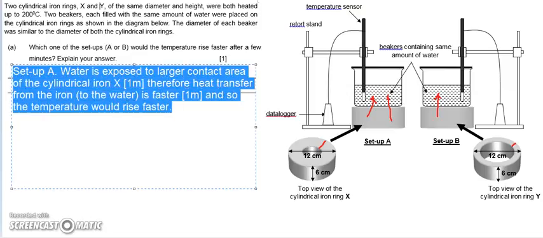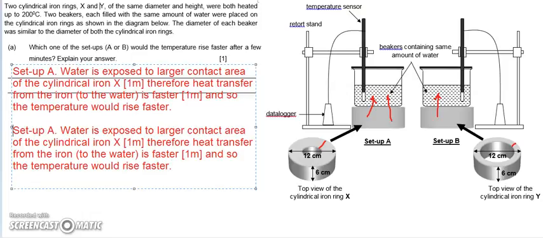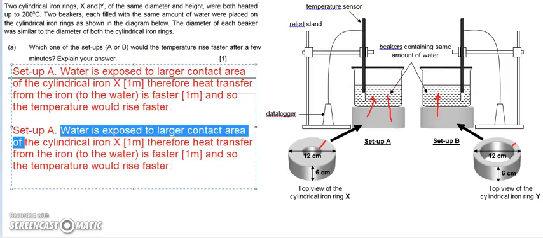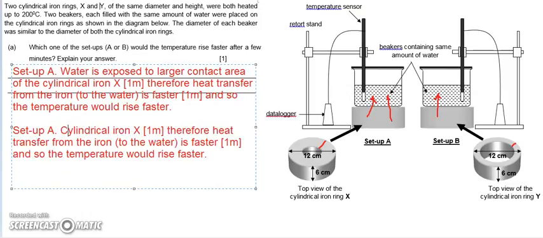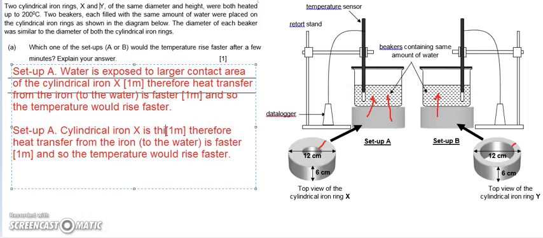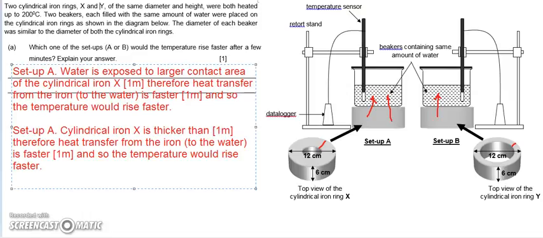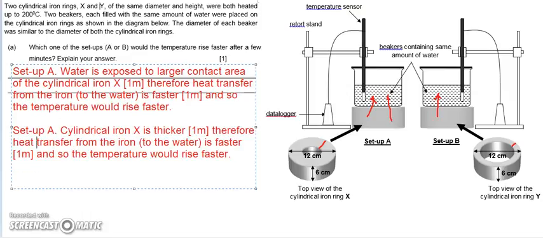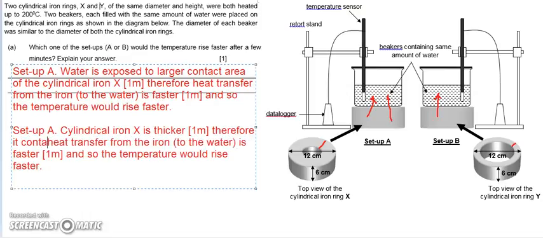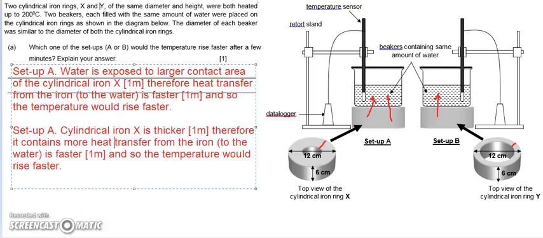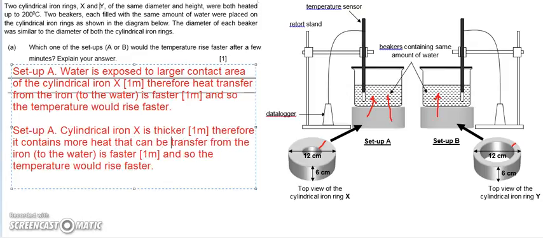Another possible answer would be setup A again. Why? Because you can say the cylindrical iron X is thicker than Y. Therefore, it contains more heat, so there is more heat that can be transferred to the water, and so the temperature would rise faster.